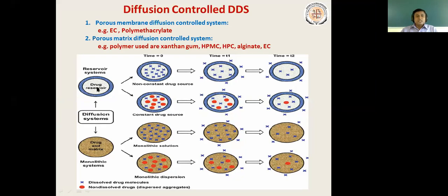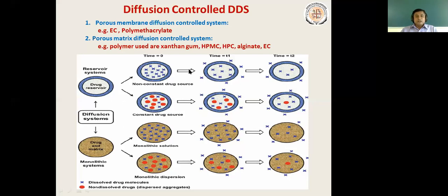Here in this case, the drug is encapsulated by using a polymeric layer, and the polymer used for the fabrication of this porous membrane controlled drug delivery system is a hydrophobic polymer such as ethyl cellulose or polymethacrylate. Okay, so systems get formulated. This is the system at time t, the initial condition when it is administered.